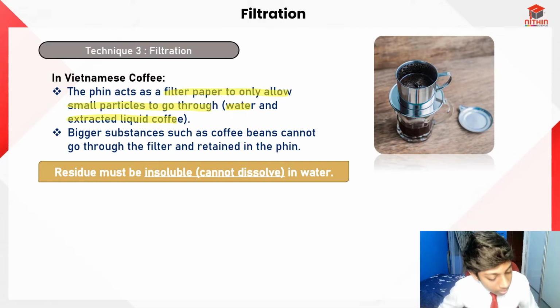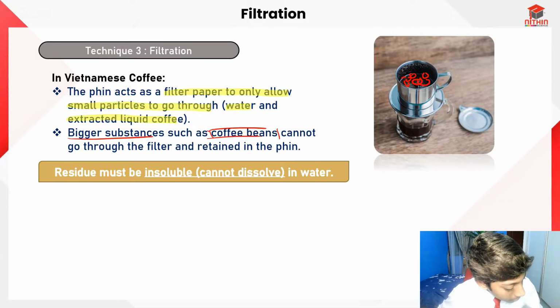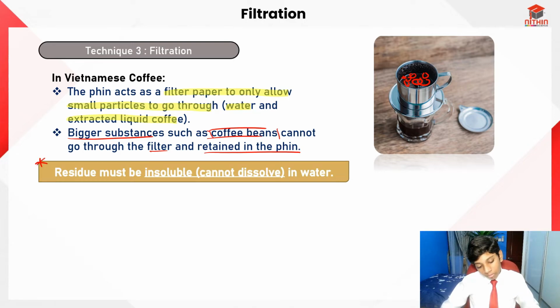And bigger substances such as the coffee beans will be left behind over here. The coffee beans cannot go through the filter and are retained in the fin. Basically what you need to take note of, something really important, is that the residue must be insoluble, it cannot dissolve in water.